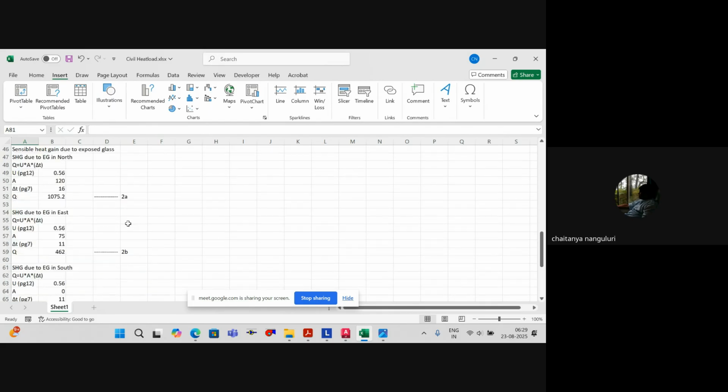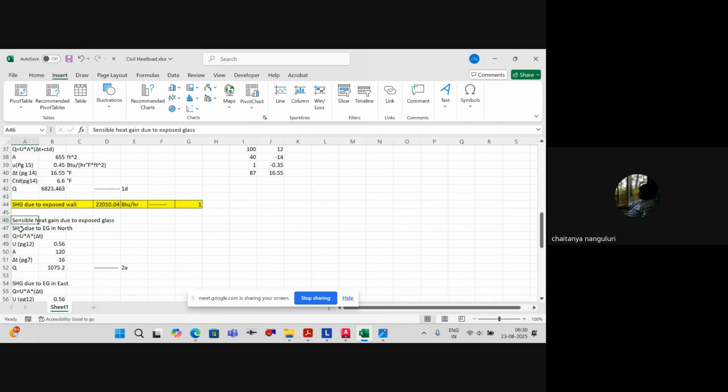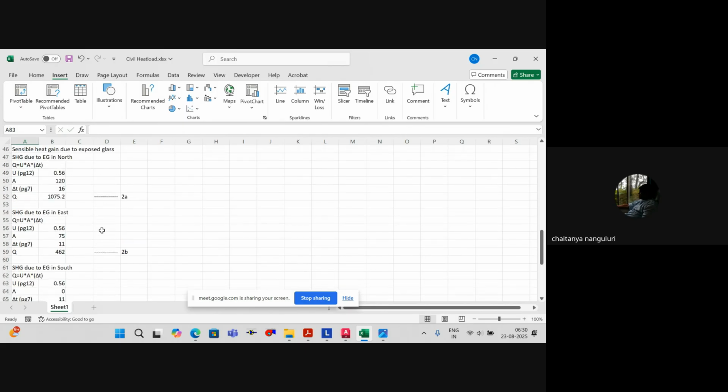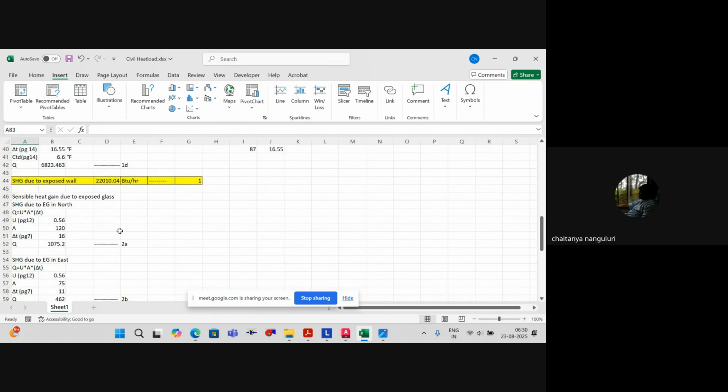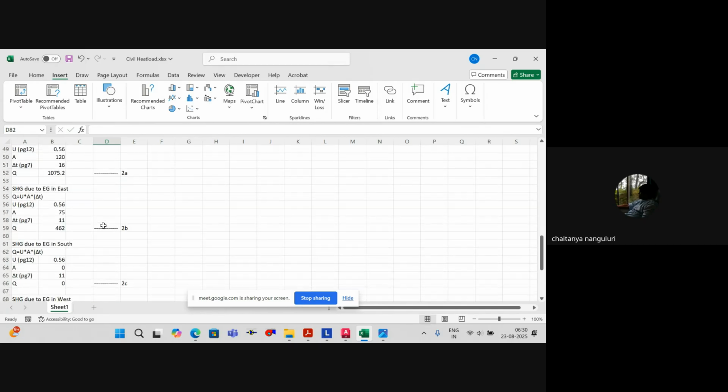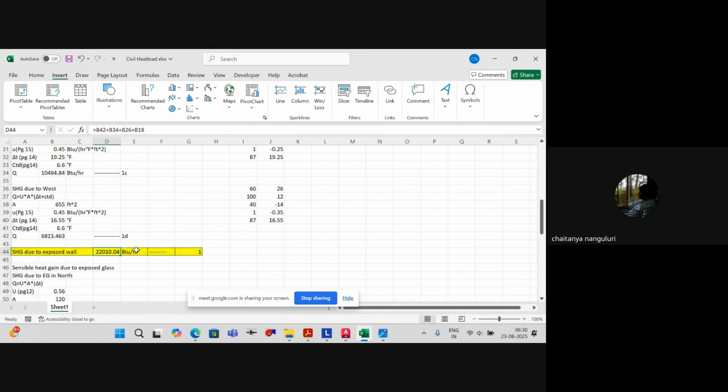So this I'll write as equation 2E. Sensible heat gain due to exposed glass is the total value that we have to take. Then sensible heat gain due to exposed glass is nothing but your total value, which is the same equation 2A plus 2B plus 2C plus 2D. Where is it? It's over here, right?